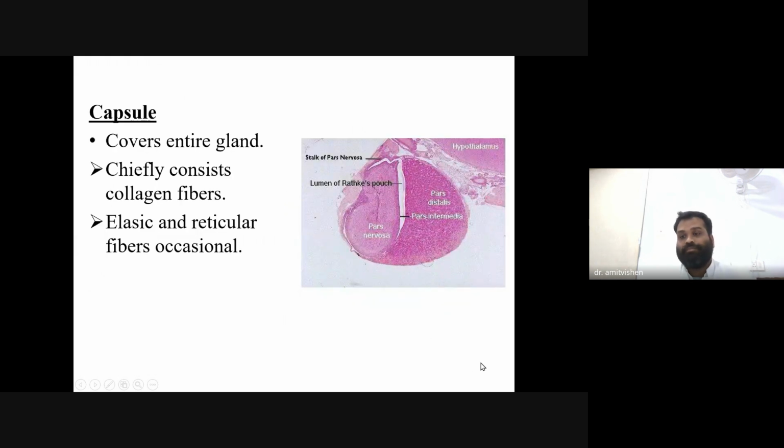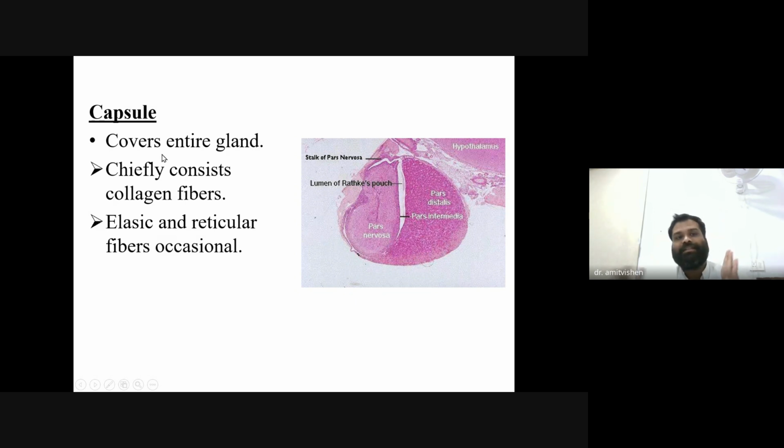Now, because our topic is focused on the histology of endocrine glands, this is the histology of the pituitary gland. You can see the hypothalamus, stalk of the pars nervosa, lumen of the Rathke's pouch. The pars nervosa part is being shown to all of you, and this is the pars distalis.